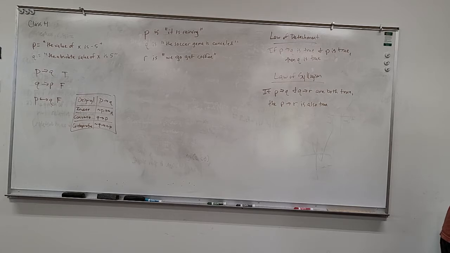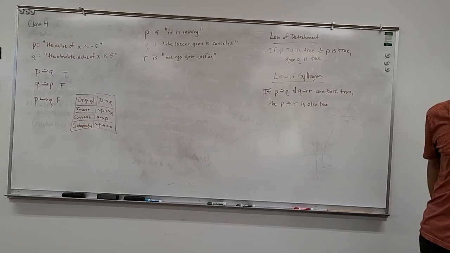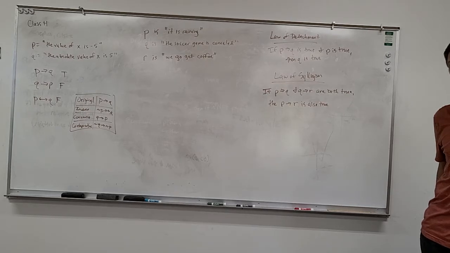And number two, the conditional statement says, if a bird is the largest of all birds, then it is an ostrich. So use the law of syllogism to give me another conditional statement based on those two. If a bird is the fastest bird on land, then it is the largest bird of all birds. And if a bird is the largest of all birds, then it is an ostrich.